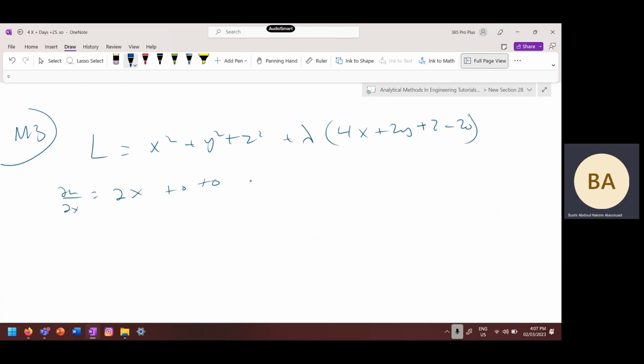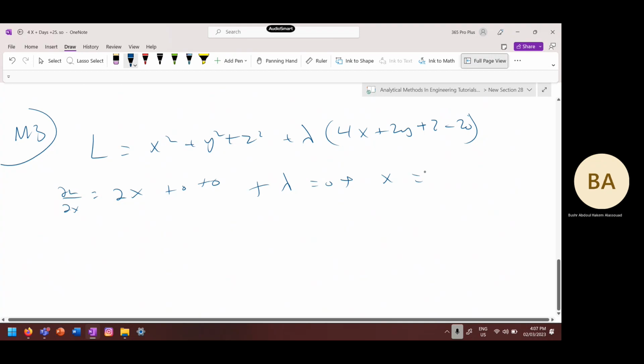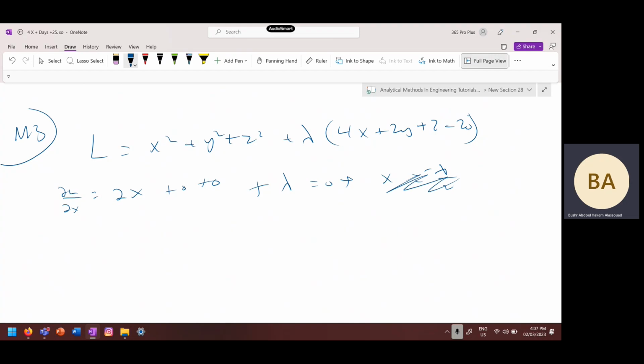You don't have any dependent or independent, just simple partial differentiation. Plus 4 lambda equal to 0. So x is equal to negative lambda over 2. Is that correct? No, it's not.